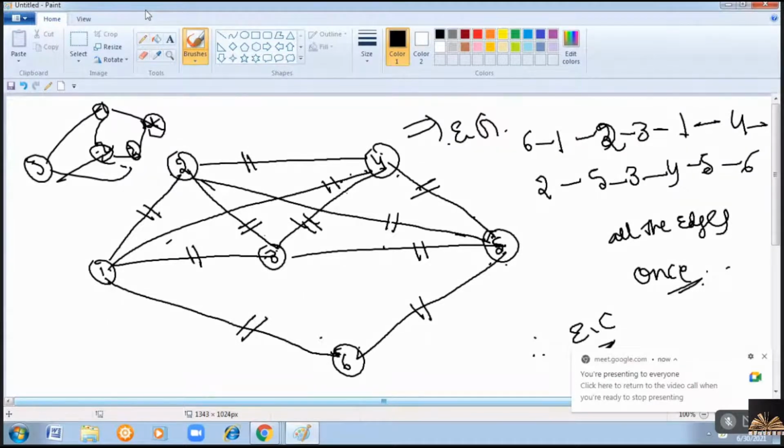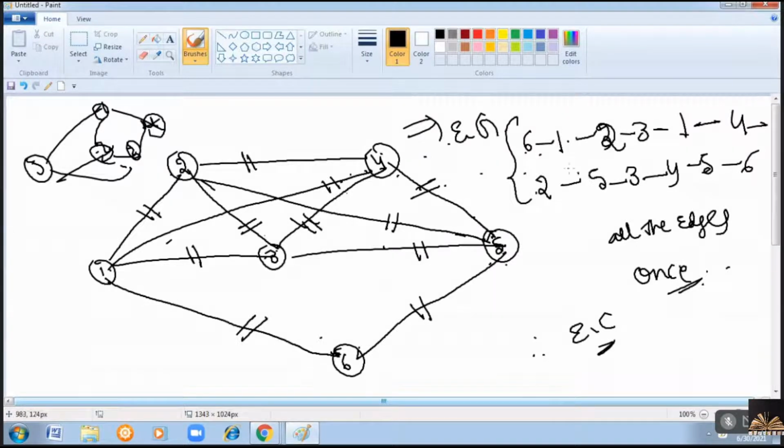Similarly, in the first case we concluded that there exists an Euler circuit. Suppose by using this path you decide that it is not an Euler circuit, then you have to choose the remaining possibilities, because there are many possibilities.